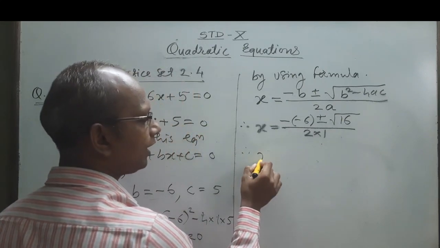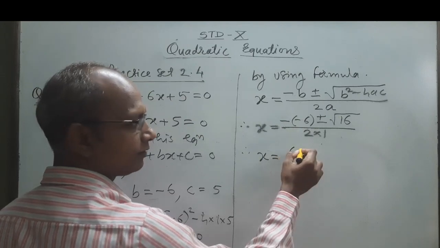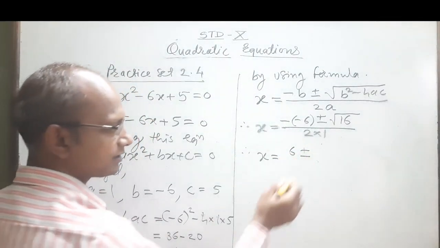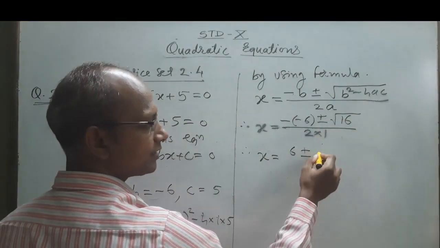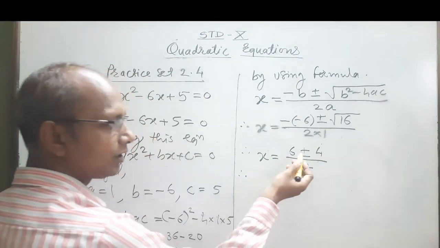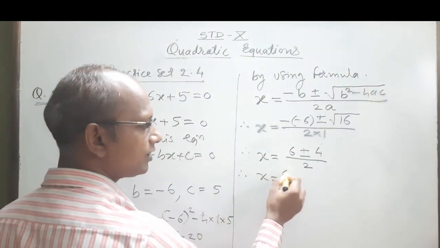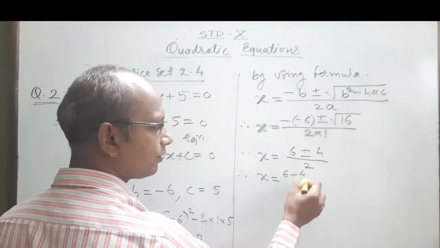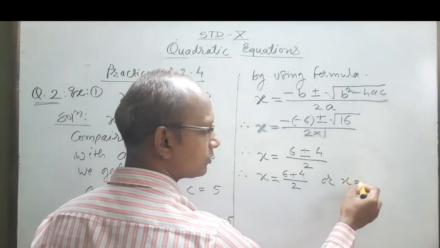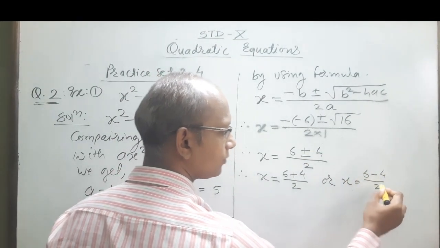So therefore x is equals to minus into minus, that is plus 6, plus minus we write as it is, we will separate it in the last step, square root of 16, that is 4 upon 2. Now here we can separate: x is equals to 6 either plus 4 upon 2 or x is equals to 6 minus 4 upon 2.